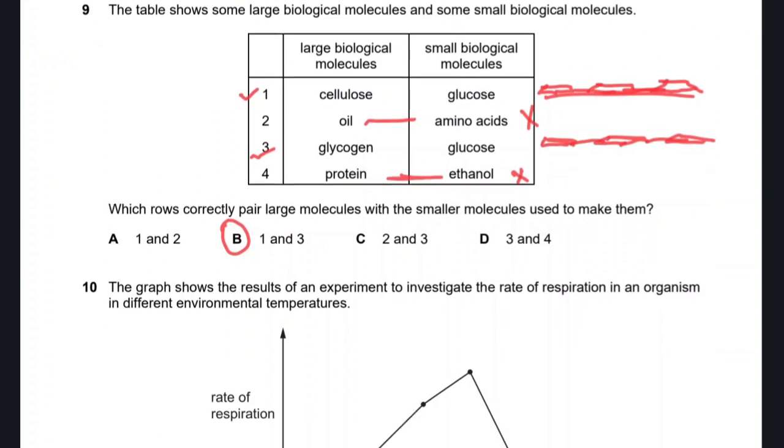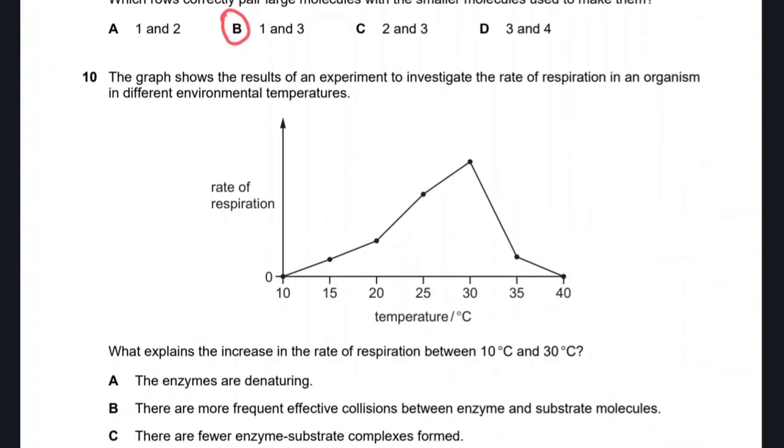Here we have a graph from an investigation of the rate of respiration, which is increasing with temperature. Explain the increase in rate of respiration between 10 and 30. If we look at 10 to 30, is it enzyme denaturing?